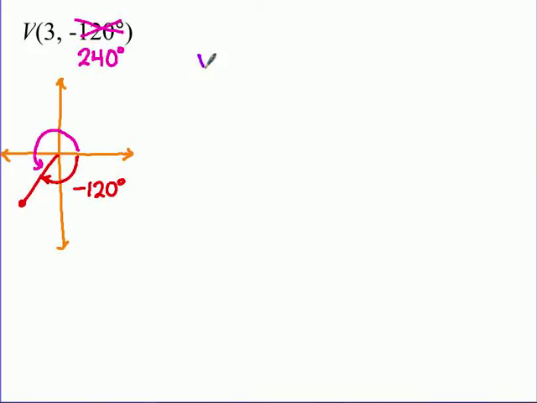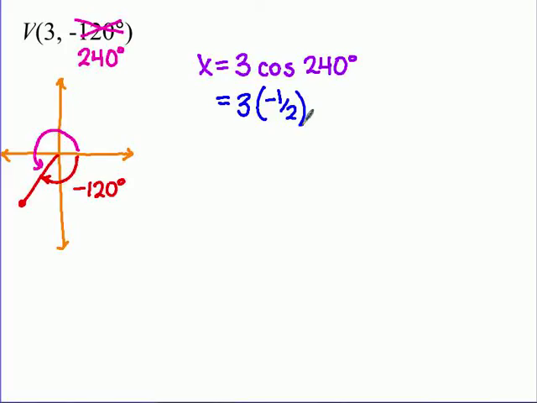So x will equal 3 cosine of 240. What is the cosine of 240? Negative 1/2, you said? Okay. So really x is negative 3/2. Now y is going to equal 3 times the sine of 240.